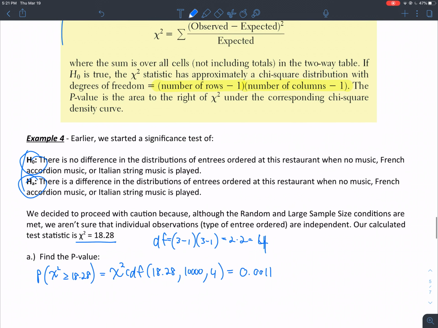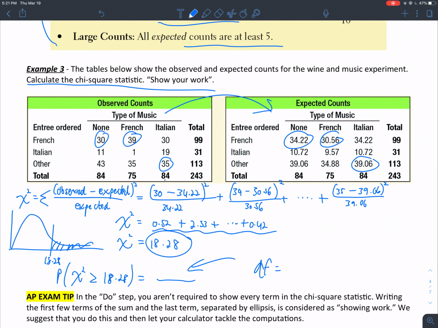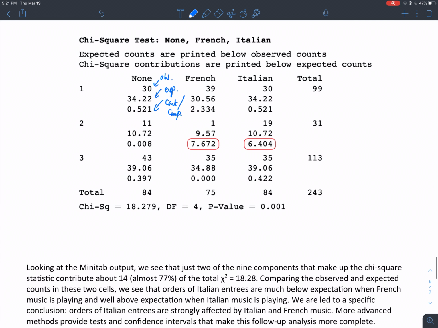So my observed count and my expected count together led to this contribution to my chi-square statistic. That's what this table is showing. What we look at for follow-up analysis are these numbers. We want to see which things contributed the most to the chi-square statistic.